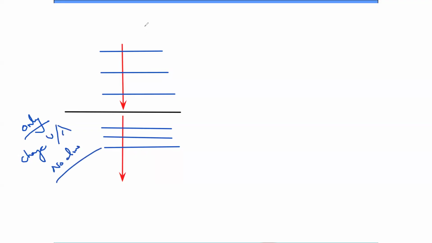But if the wave is striking the medium or the surface at a certain angle, let's take an example of water waves. These are the water waves. So this is a deep region and this one is a shallow region.